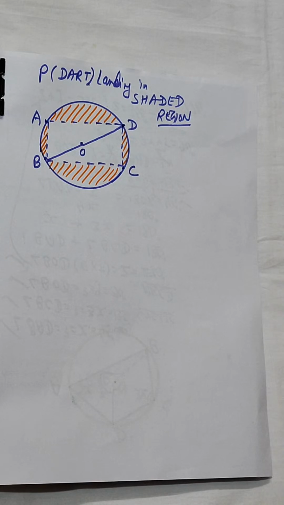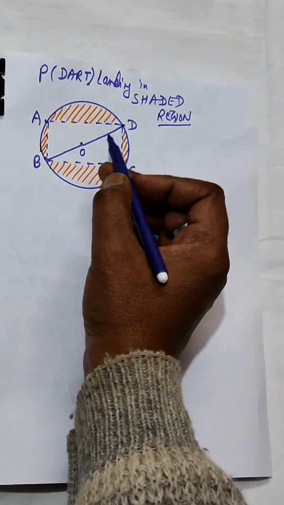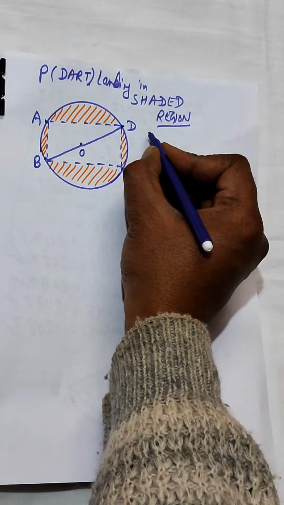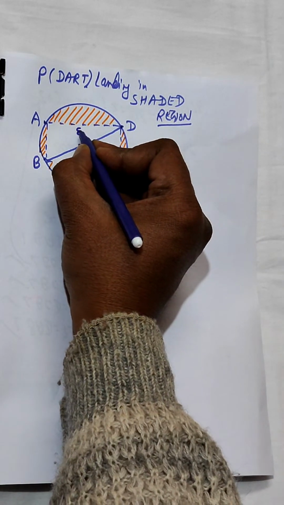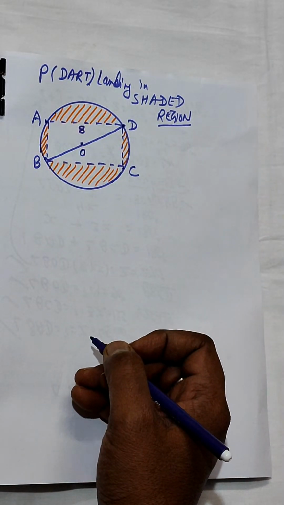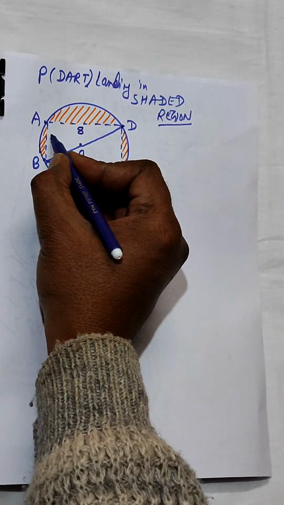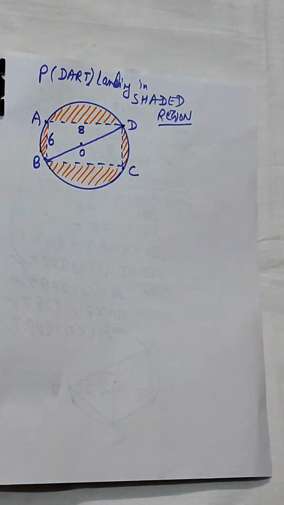It's given that the length of AD is 8, the length of the rectangle is 8 and this is 6.